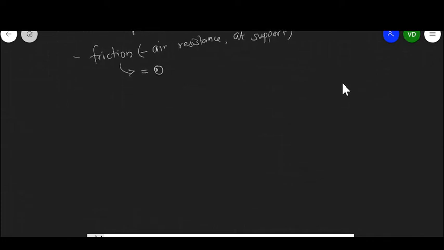Let us try to understand with this figure. Suppose there is a swing here like this, or you can take a simple pendulum also, but I will take the example of a swing because you already know about it. You have played on it when you were a kid. Now this keeps on oscillating.